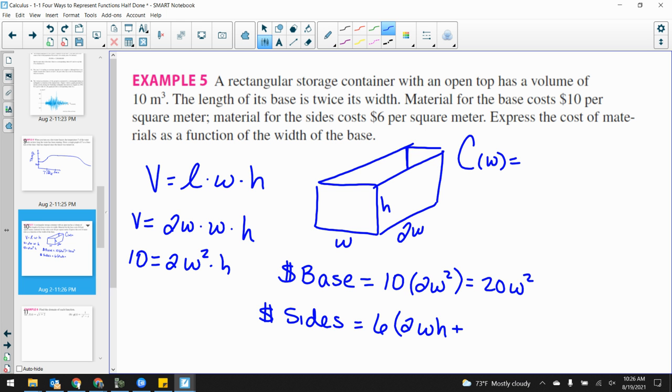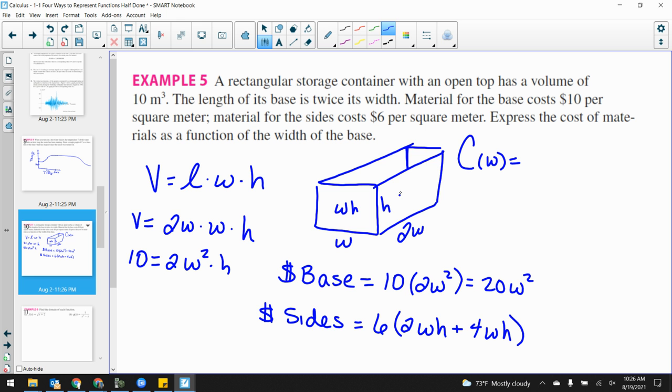The material for the sides, the left side and the right side, so this side over here, is H times 2W, so 2WH in and of itself. But we've got two of those. So 4WH, right, 2 times 2WH. This front side is WH.